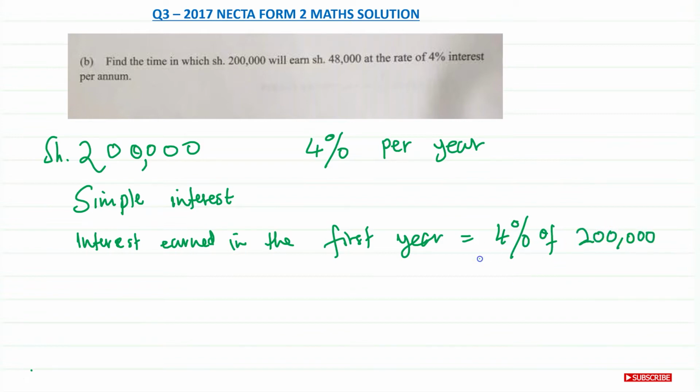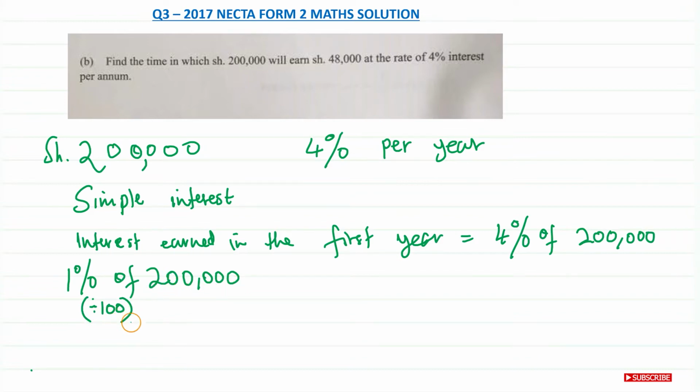Now, if you're not sure how to calculate this, you can find 1% first. So 1% of 200,000. How do you do that? If you are looking for 10%, you divide the number by 10. If you're looking for 1%, we need to divide this one by 100. So I'll just write it here for your reference. Divide by 100.